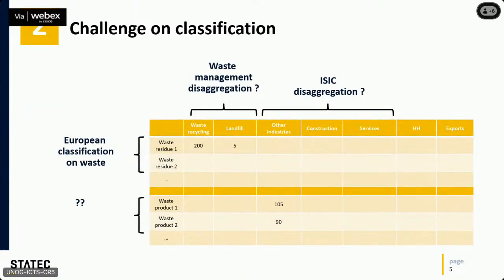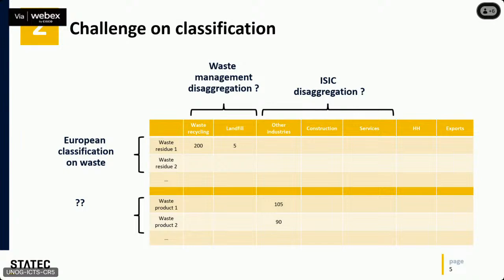So the first challenge that we face when we put forward the accounts to policymakers will be how we're going to aggregate our table. First of all, we'll need to think about what we're presenting in terms of disaggregation for specialized waste management companies, but also the disaggregation that we want to obtain or show when it comes to the use of waste in terms of usual classification.